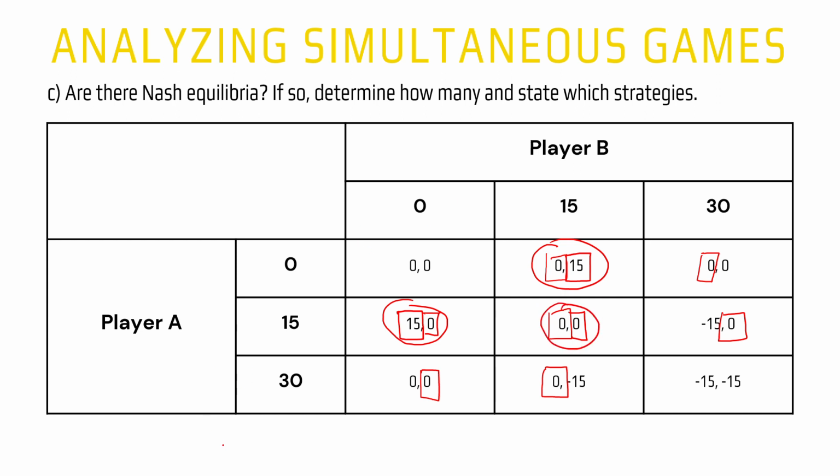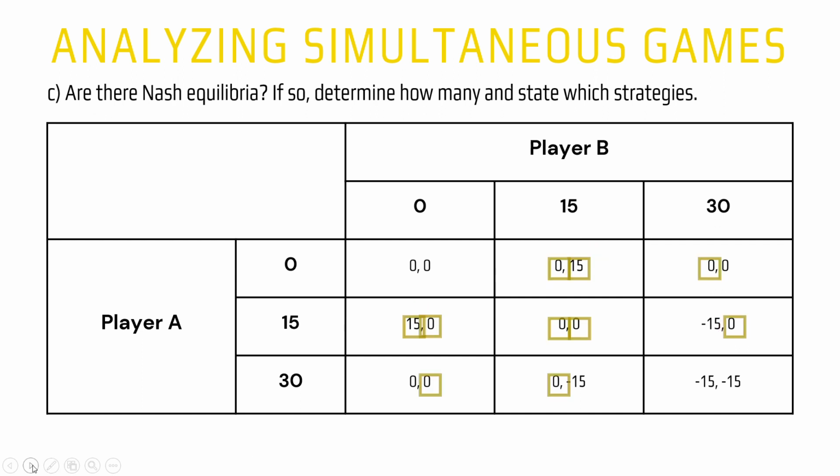So these strategies are the $15, $0; the $15, $15; and the $0, $15. This is assuming that player A goes first and player B goes second. So these three are the Nash equilibria. And that concludes this problem.